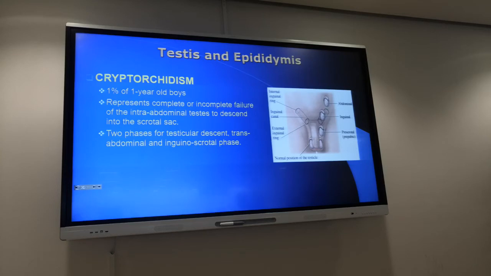Now they tell you that you need to put the testis in the scrotum by the first year of life. Others will tell you by the second year of life. You will see other studies telling you by the 10th year of life. It does not really matter when you put it in the scrotum, because at the end of the day it's going to be affected by two serious complications.